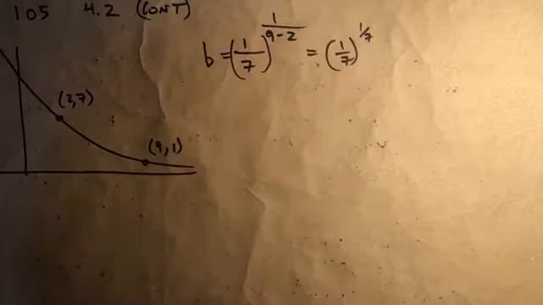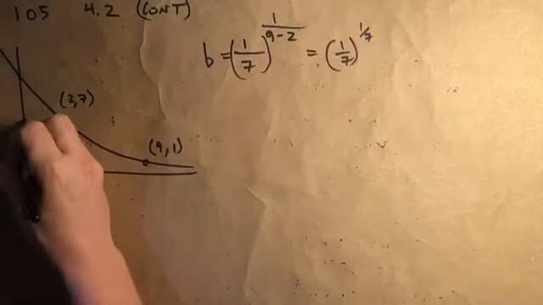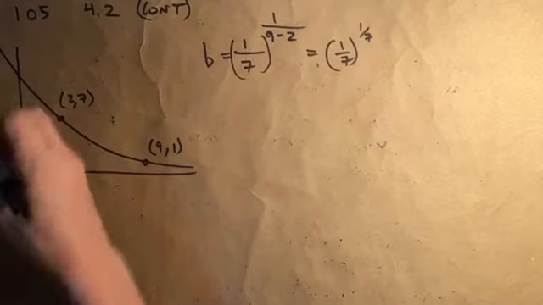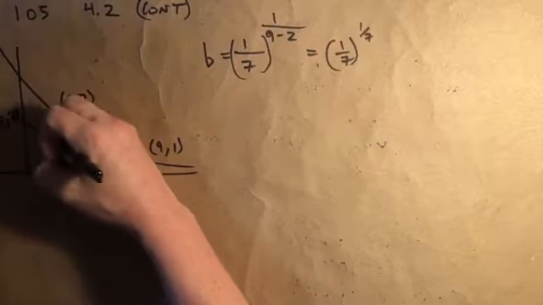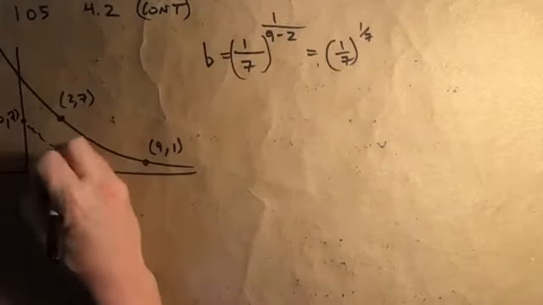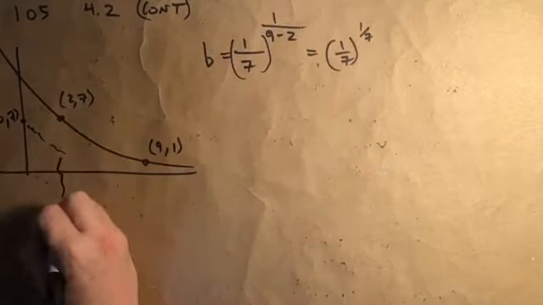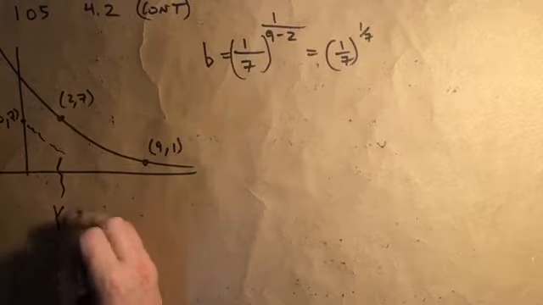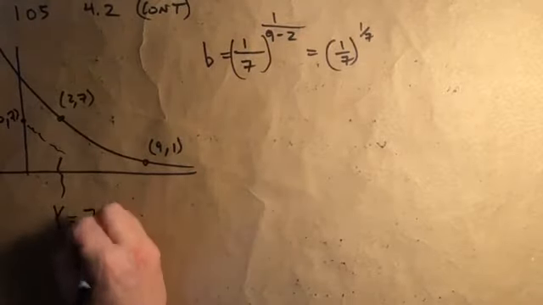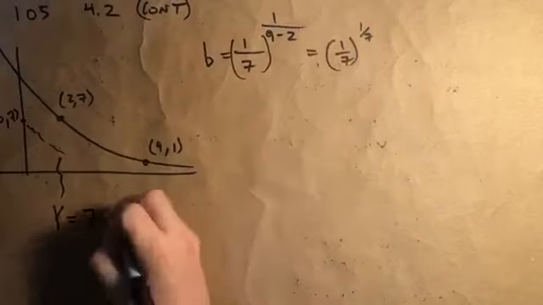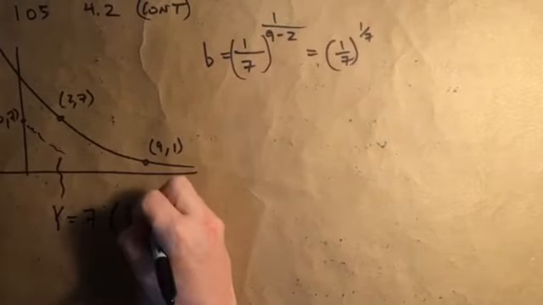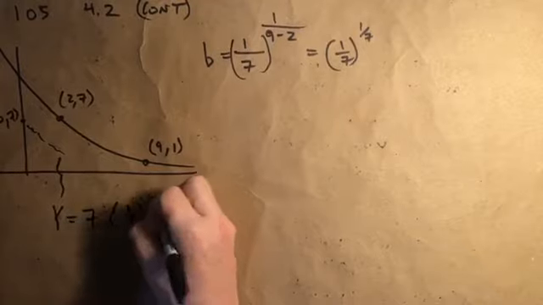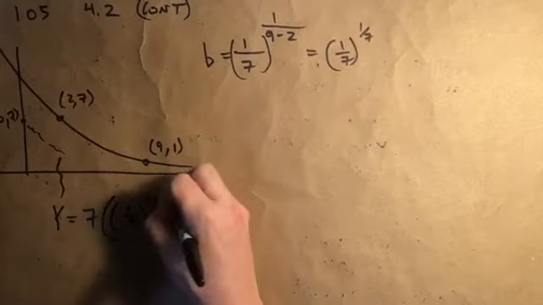If I gave us the point (0, 7) to make the equation with, I'll just call this y is equal to 7, my growth factor, 1/7 raised to the 1/7, and then that would all be raised to the t.